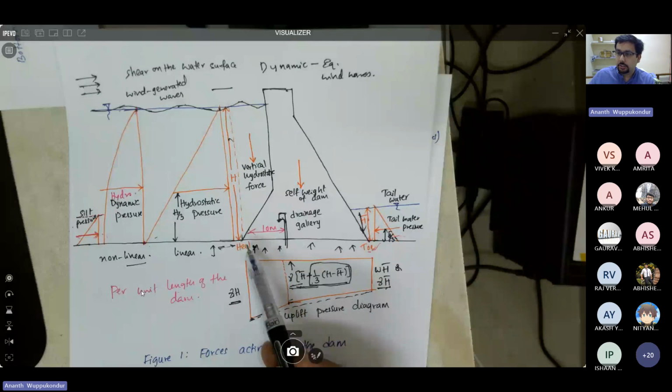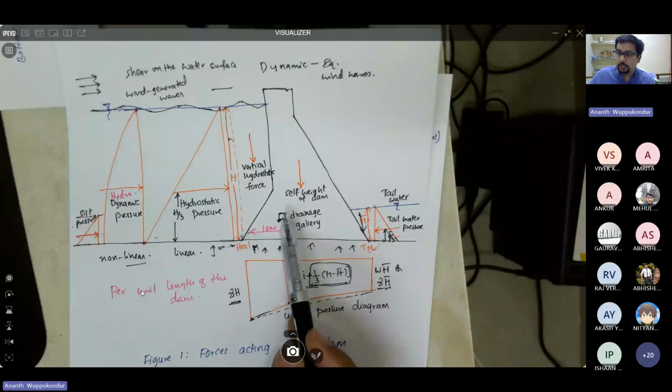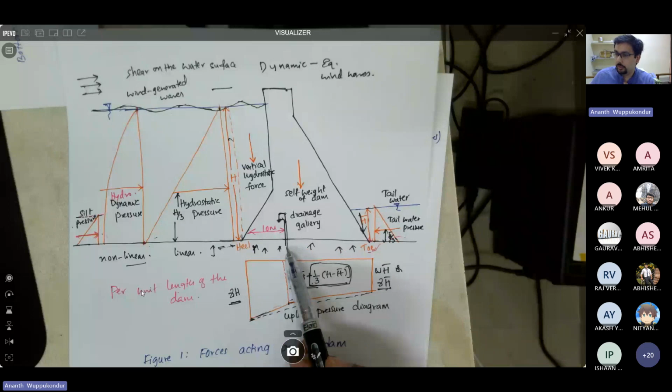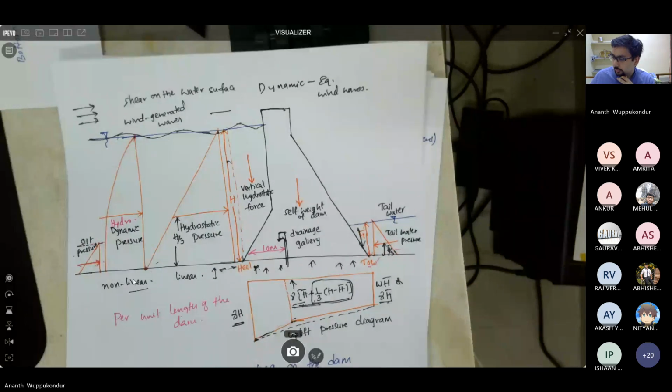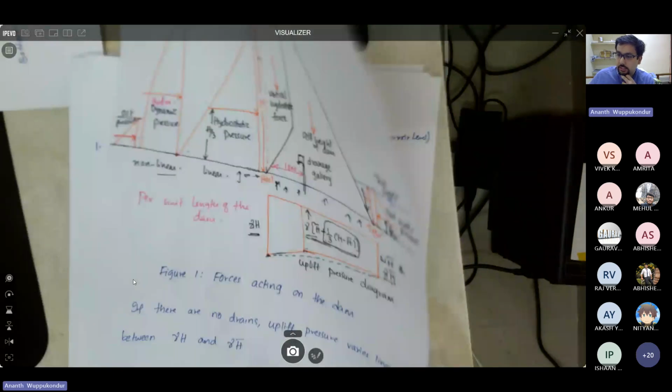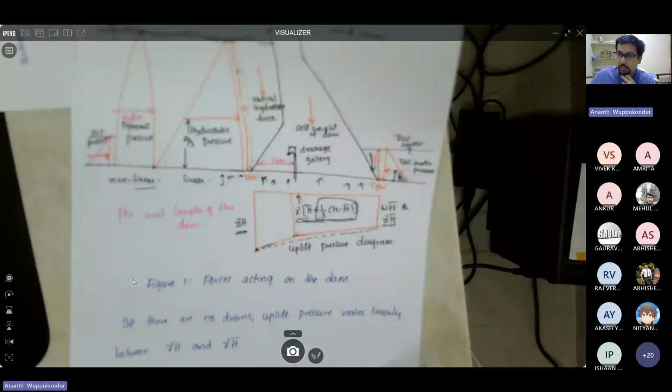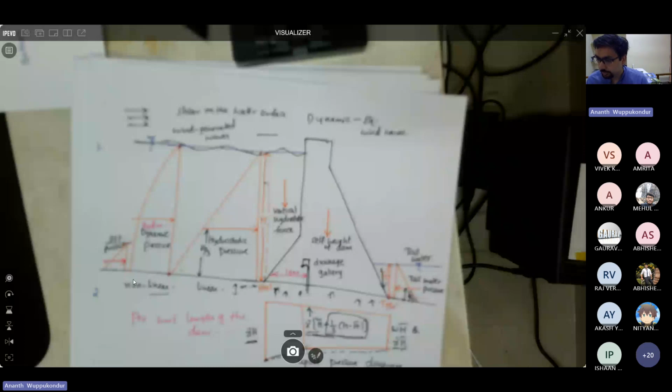And if you have galleries, then whatever the water is percolating and seeping through, you're removing it so that you're releasing some pressure. So that reduces the uplift force on the base of the dam. Now, if there are no drains, then the uplift pressure is going to be higher. And if you have drains, then you're relieving some of the uplift pressure.